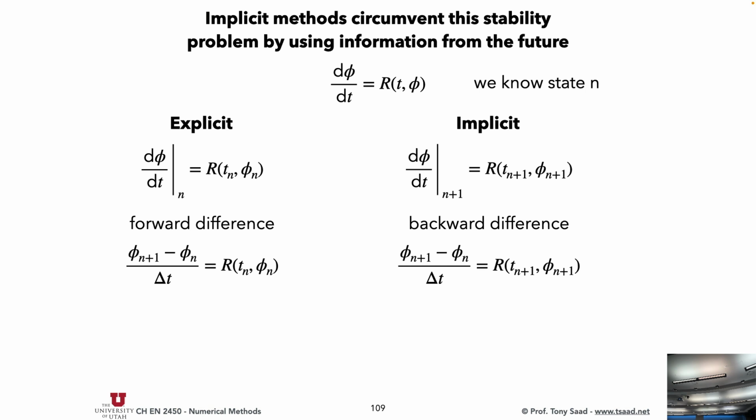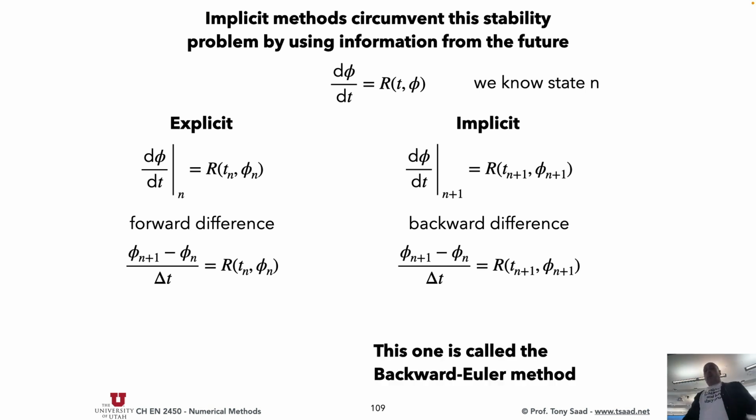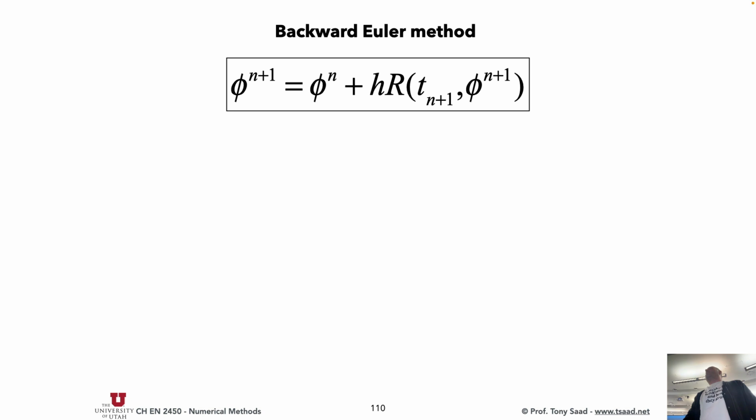Why? Because you have phi n plus 1 on the left-hand side and phi n plus 1 on the right-hand side, depending on what r is. That is an implicit equation. We call this particular one the backward Euler method.